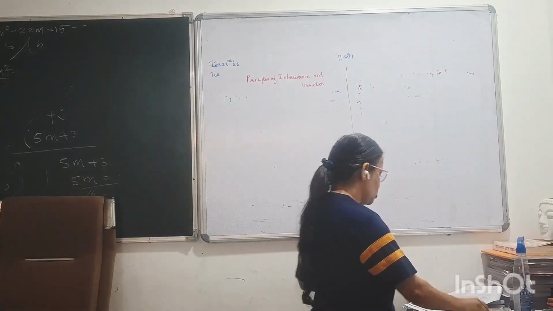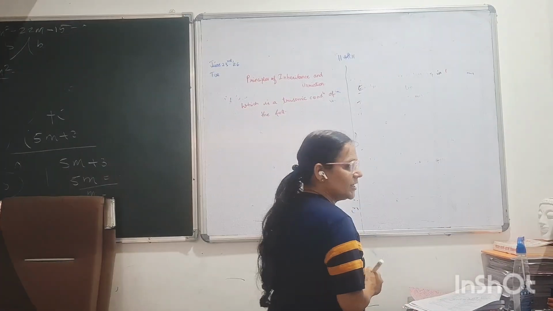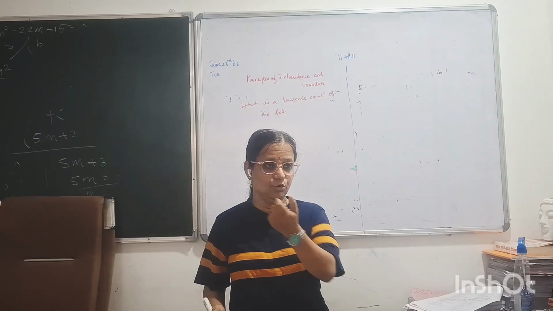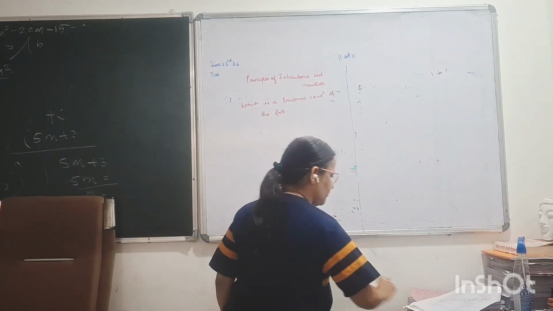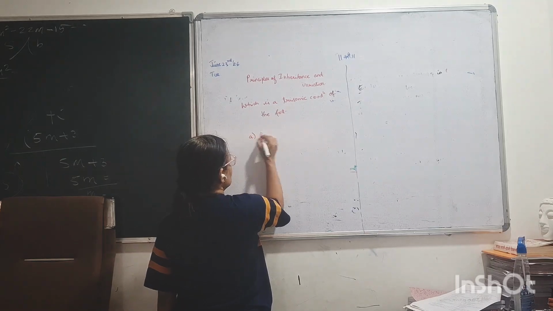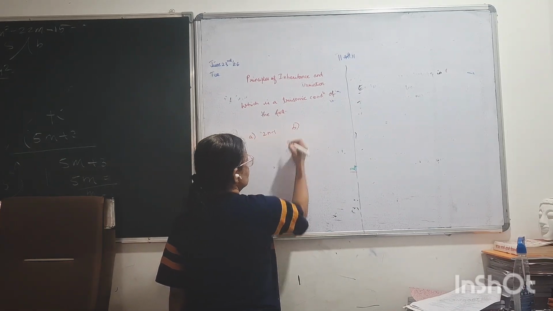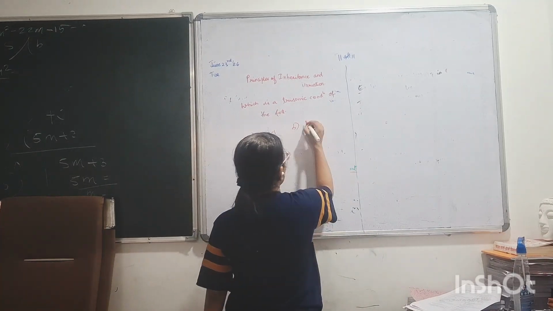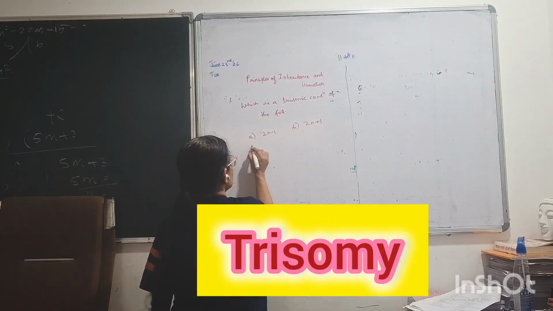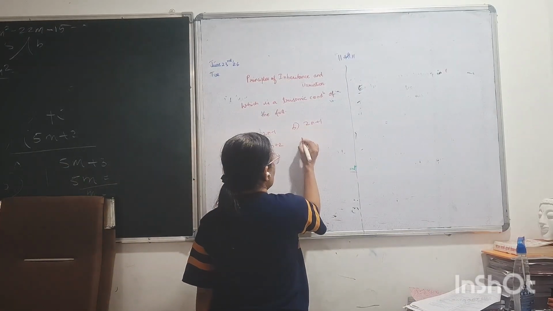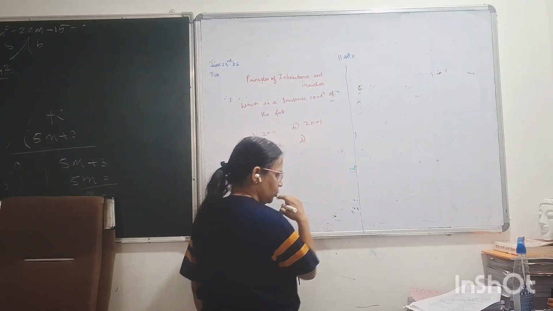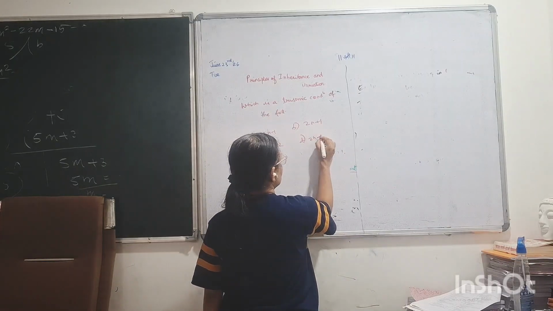Which is a trisomic condition of the following? Trisomic meaning what? Somy refers to chromosome, and tri means 3. The options they have given are: A is 2N minus 1, B is 2N plus 1, C is 2N plus 2, and the last is 2N plus 3.